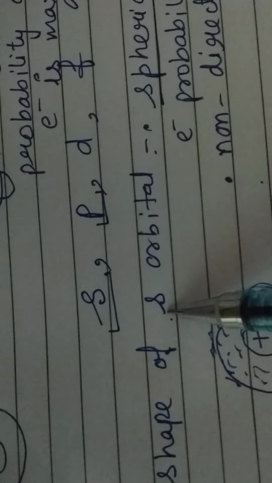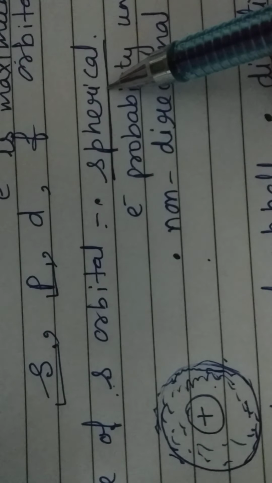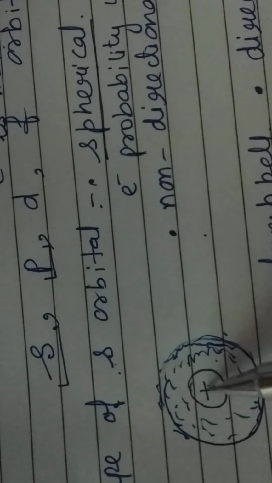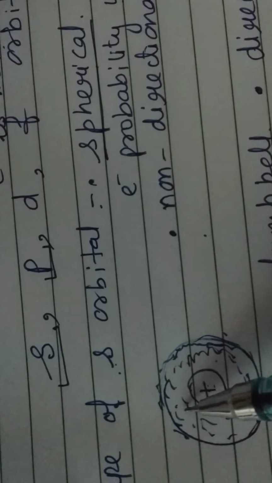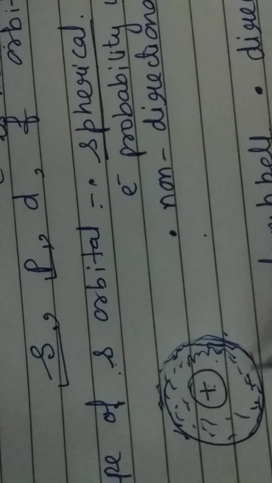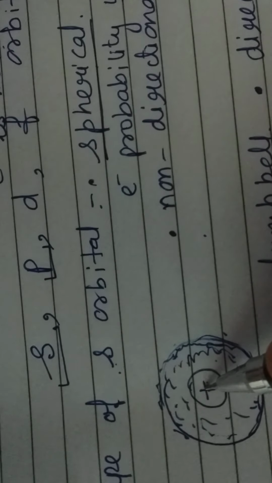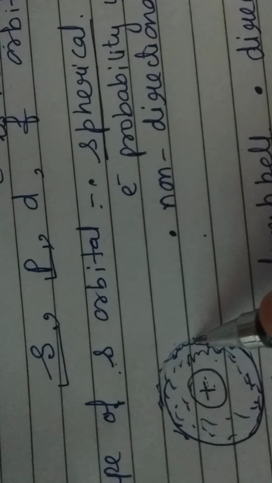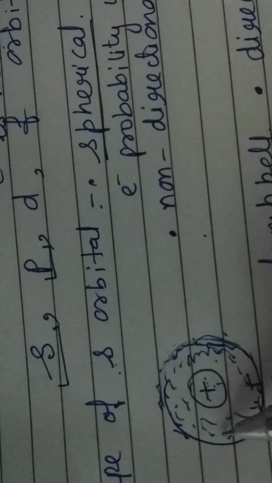Now the shape of the S orbital. The S orbital is spherical in shape. That is, if this is the nucleus and the electron is present in the S orbital, then it can be present anywhere around the nucleus. At any distance from the nucleus, the probability is maximum.